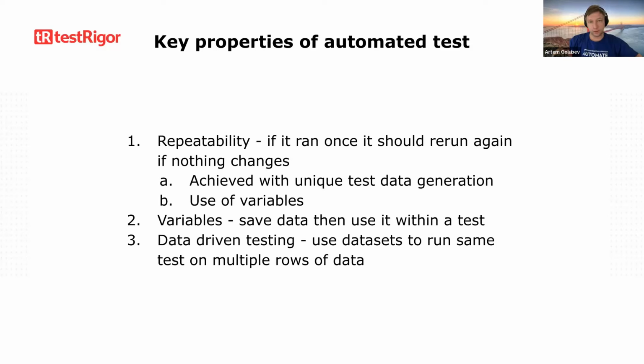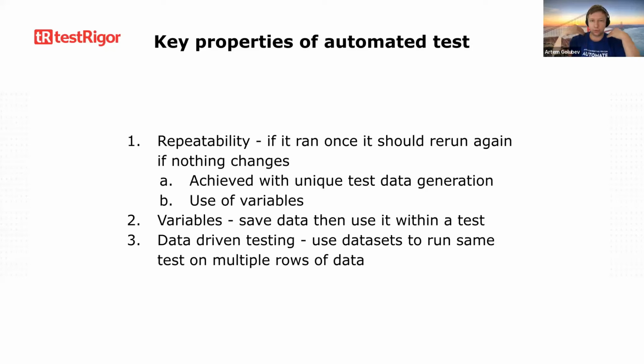So once you have created a test which, let's say, signs up with Twitter, then you should be able to run it a second time. And the second time, if Twitter itself didn't change, your test must succeed. That's the whole point of automation, right?